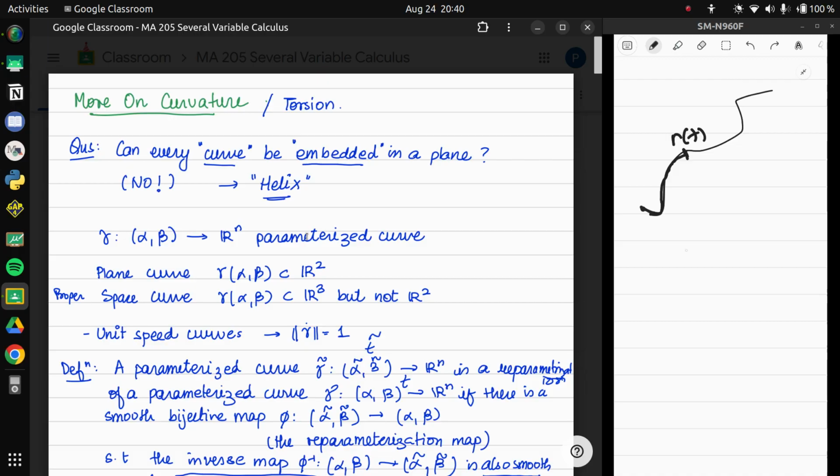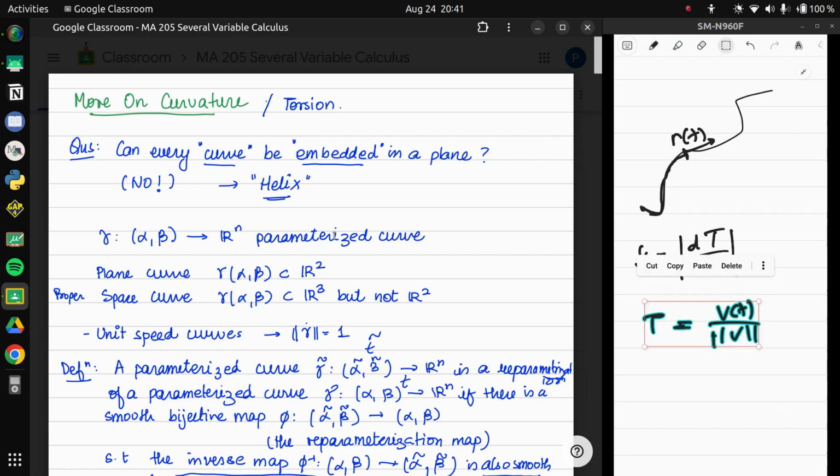The curvature is defined as the magnitude of dT by ds, where capital T is the unit tangent vector. Actually, the tau is reserved for something else. The unit tangent vector is basically the velocity vector, v of t upon its magnitude. How this changes with respect to the arc length defines our kappa, which is the curvature.